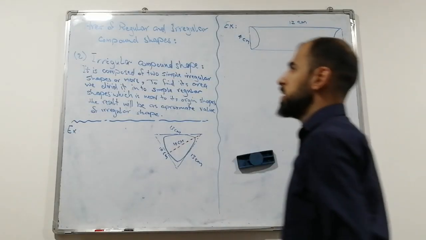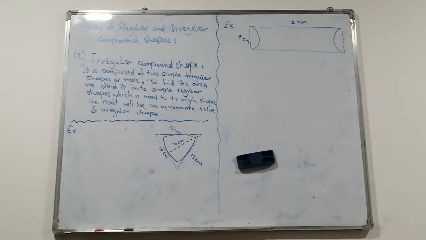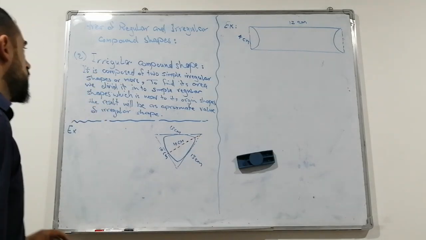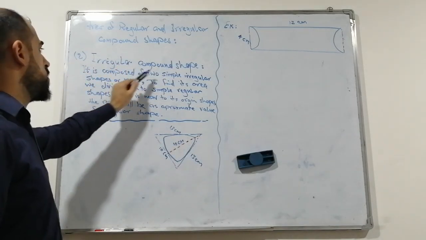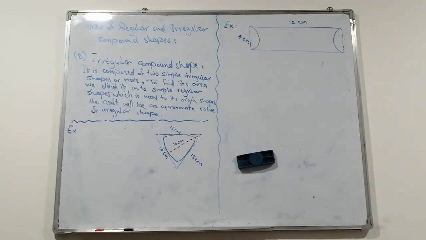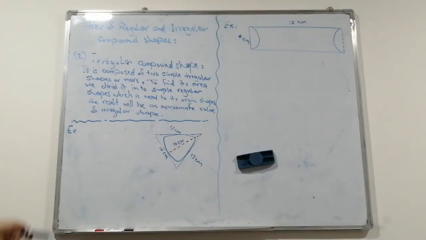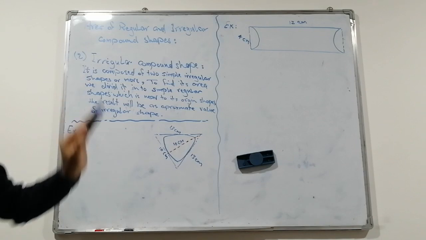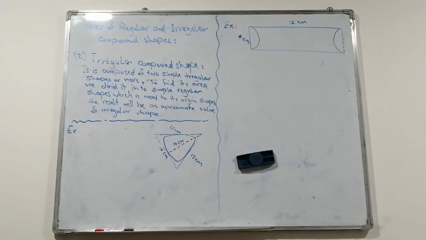After this, now we will take how to find or calculate the area of irregular compound shapes. The irregular compound shape is composed of two simple irregular shapes or more. So to find its area, we divide the shape into simple regular shapes which are near to the original shape.